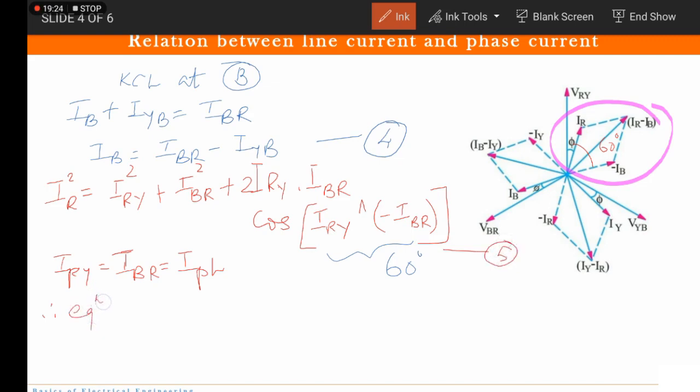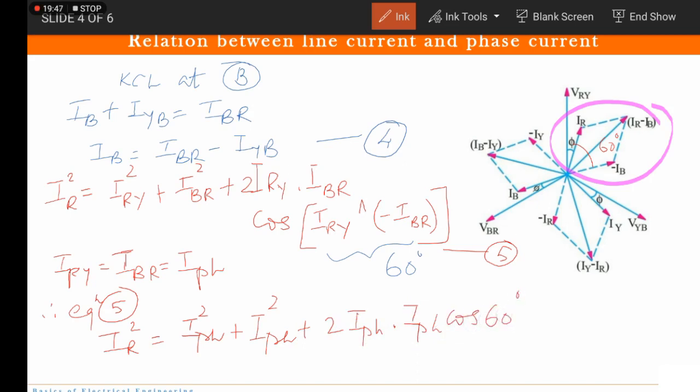Now equation 5 becomes IR square is equal to phase current square plus phase current square plus 2 phase current multiplied by phase current cos 60. What is the value of cos 60? Half. Correct?